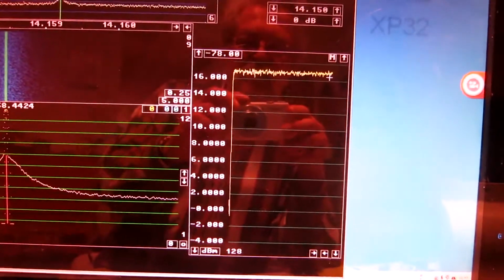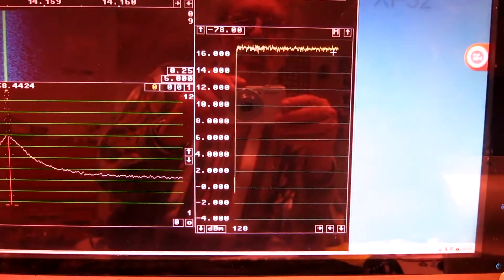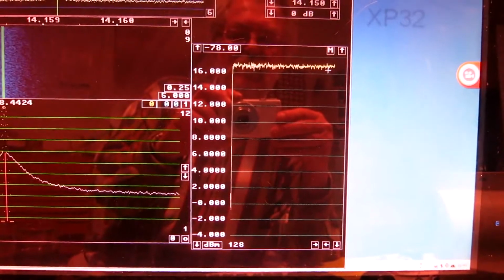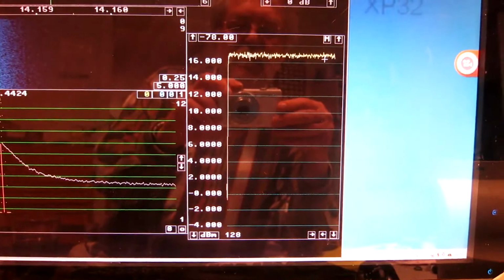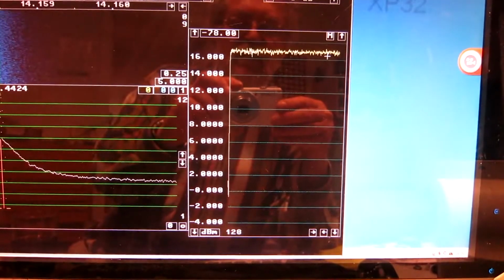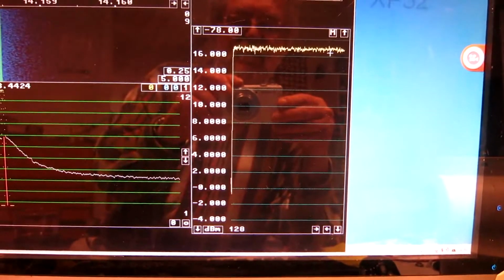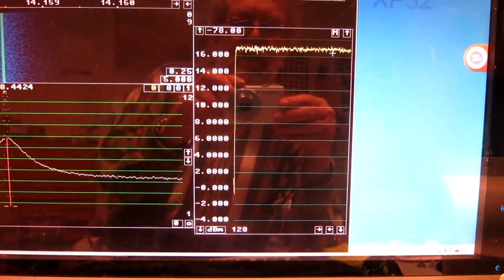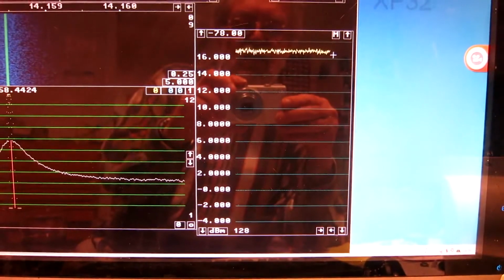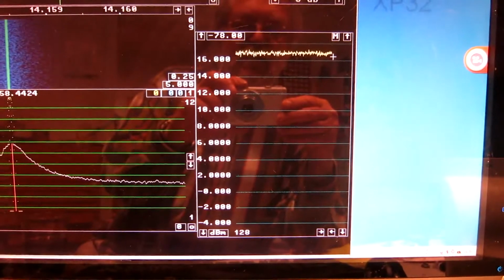That means that the noise floor is 17 decibels stronger in 1 Hertz, that's 34, which means that the noise floor is at minus 154 dBm at the input. And that means that the noise figure is about 20 decibels.